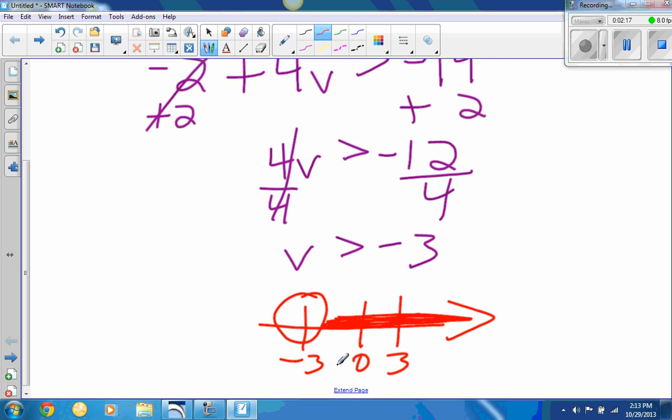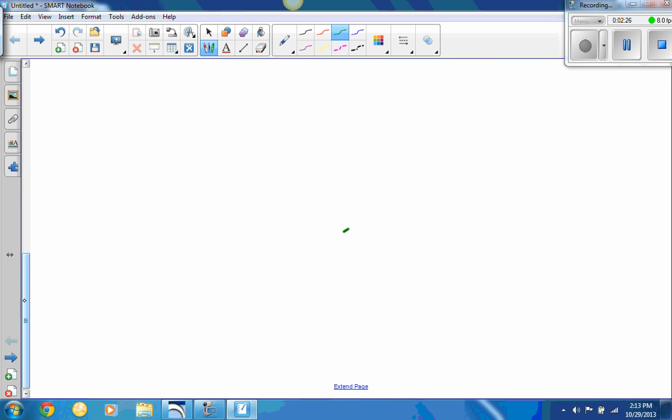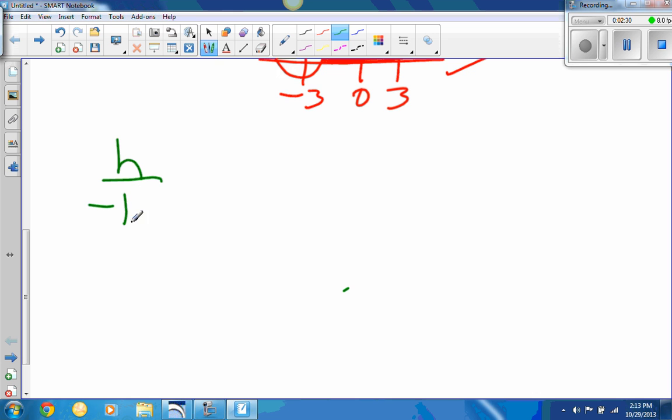So then I have another example here for you. And let's see, so if I have h divided by -1.2 plus 7.1 is greater than 1.1. Let's do greater than or equal. Okay, so I can't get rid of the h until everything else is gone.